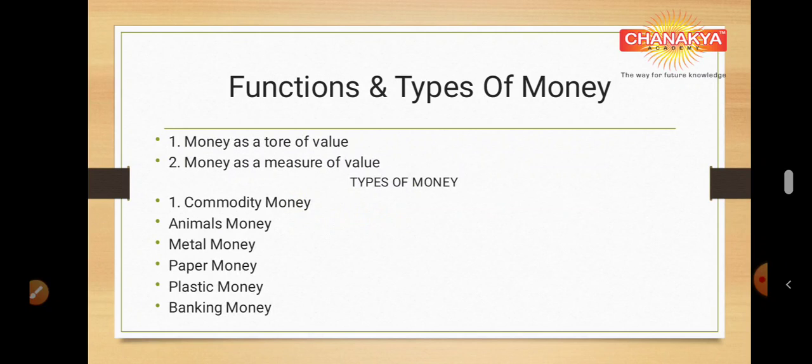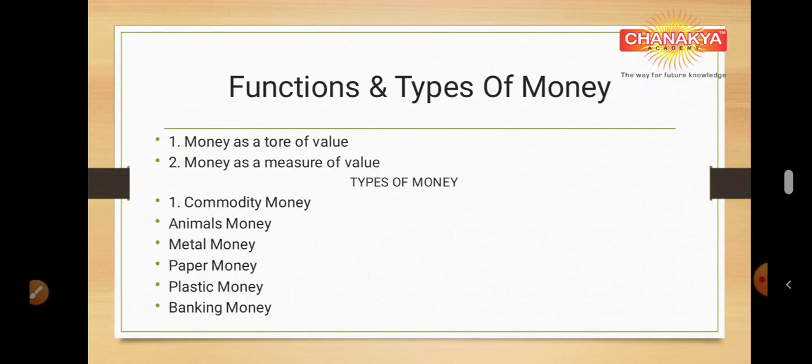Now let us see the functions of money. Money is used as a medium of exchange, as a store of value and as a measure of value. That means whatever limitations the barter system had, all have been overcome by the use of money.